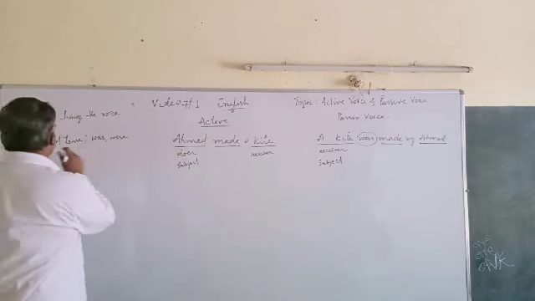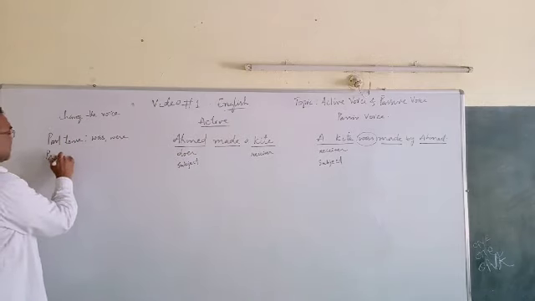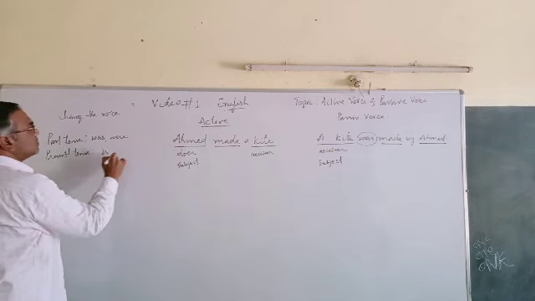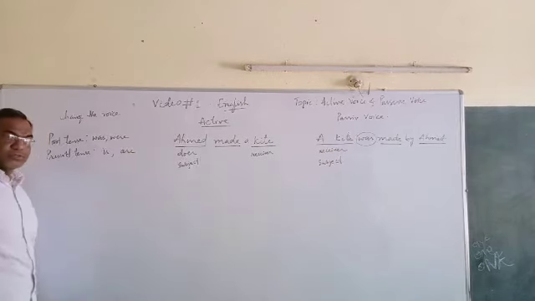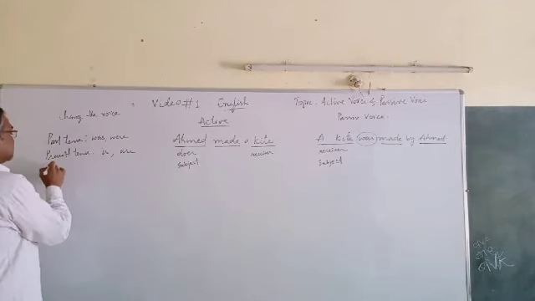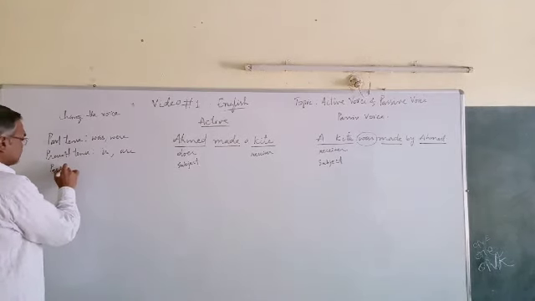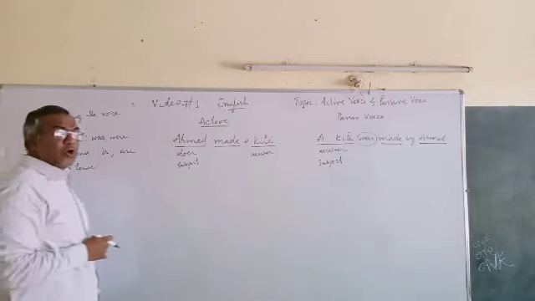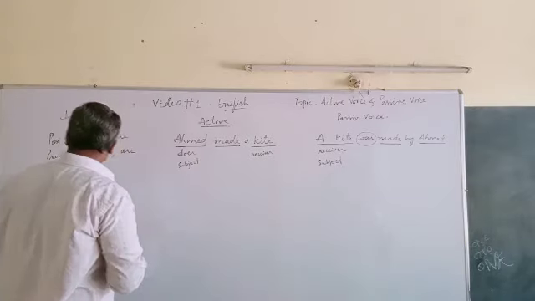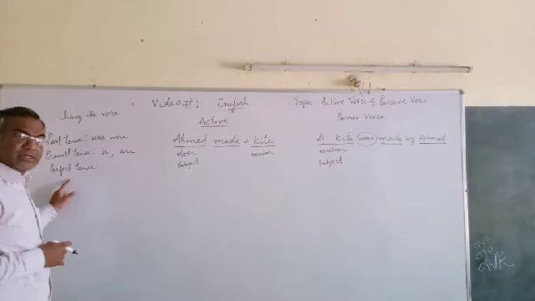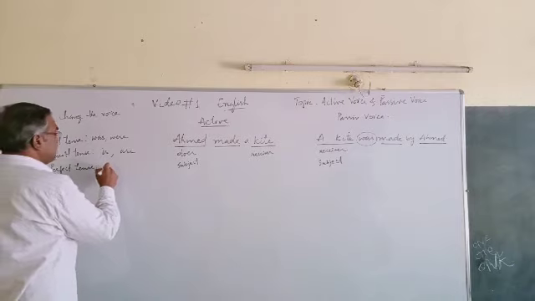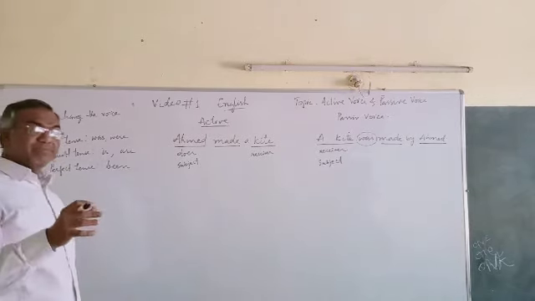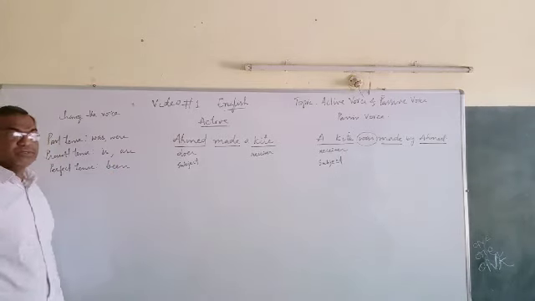These two are used. With present tense, if the given sentence is in present tense, then either is or are is used. If the given sentence is in perfect tense, that means it may be present perfect or past perfect, then been is used: have been, had been, has been auxiliary verb is used.